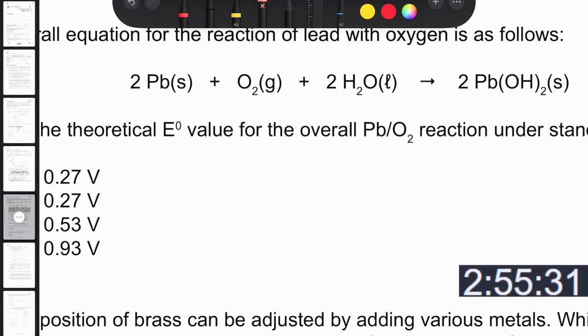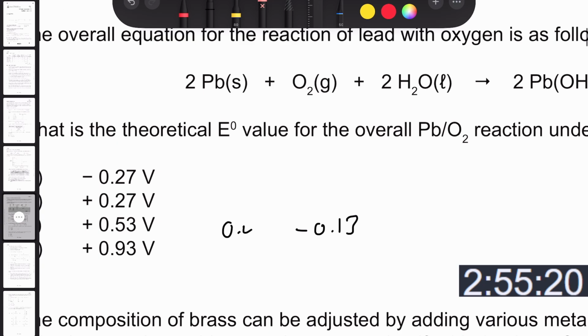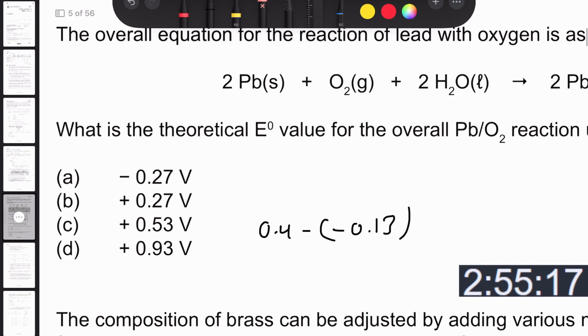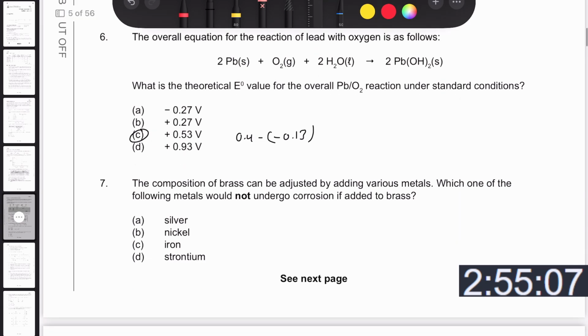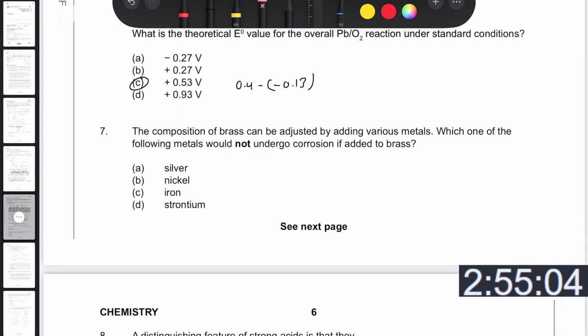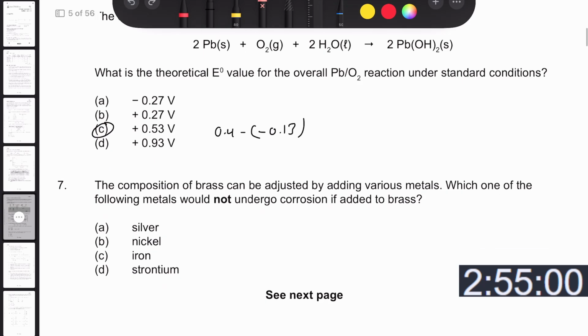So PbS is negative 0.13, and water is 0.4 minus negative 0.53. Okay. Oh wait, yes. I was wondering why there would be OH on the right, but there's only 2, but it's 2 times 2, which is 4.